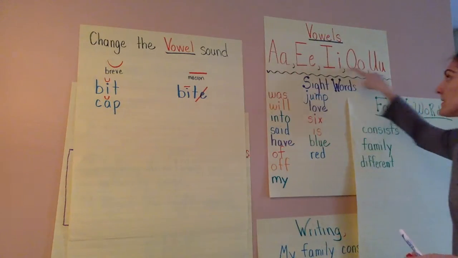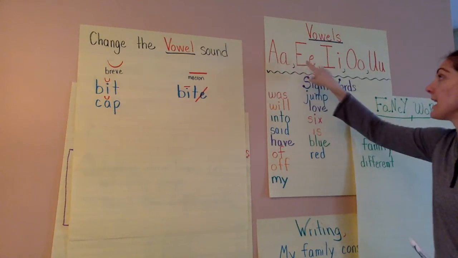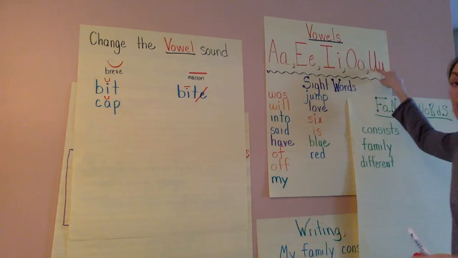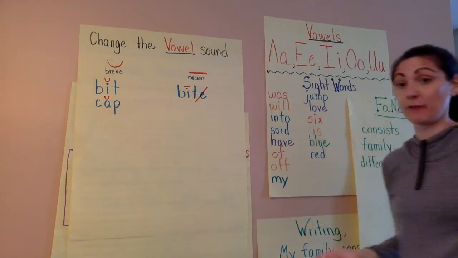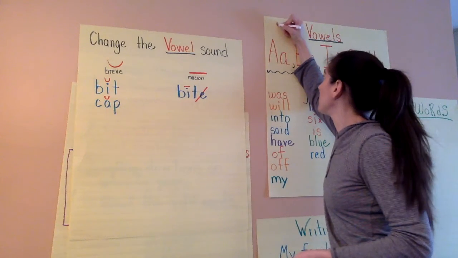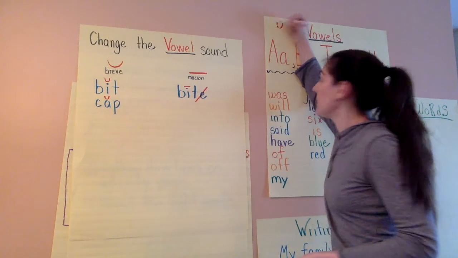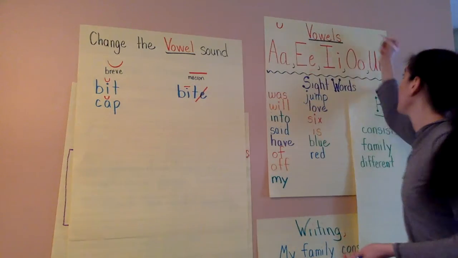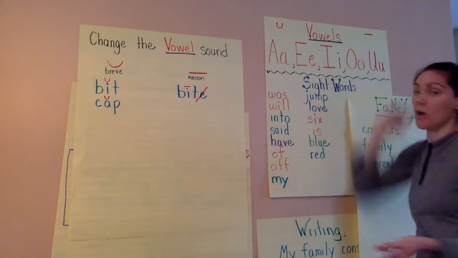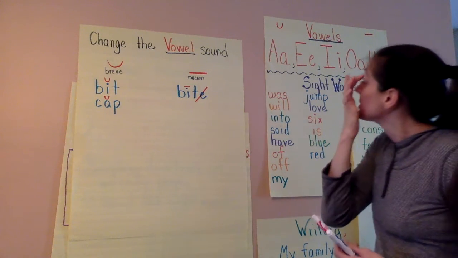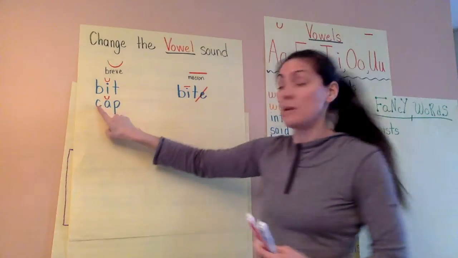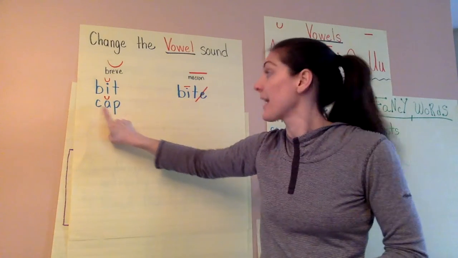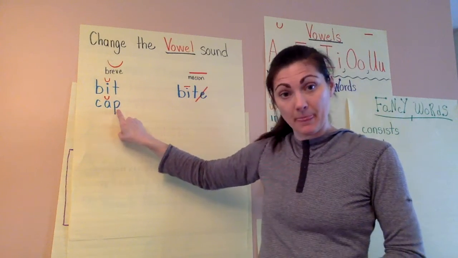Remember our vowels, we have 5 of them. We have A, E, I, O, and U. And vowels can make 2 different sounds. They can make short sounds where we would give them a breve, and they can make long sounds where we would give them something called a macron. Okay? So in this word, we would say k, a, p.